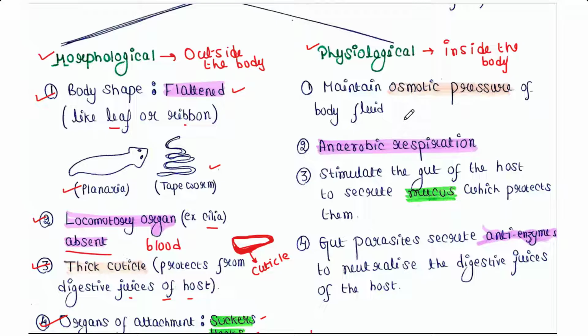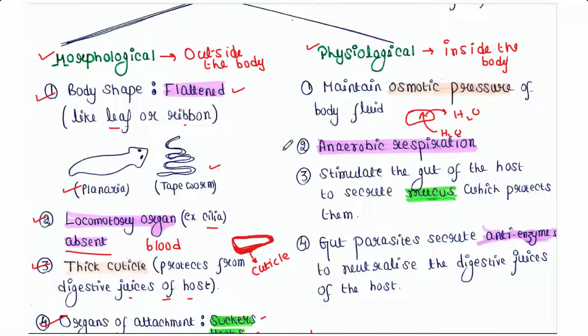So if there is any osmotic imbalance, the water may come out from their body, or water may come into the body. So it will cause some lethal effects. In order to maintain the osmotic pressure of the body fluid, they have adapted some mechanisms. So always they will maintain the osmotic pressure of their body fluid.